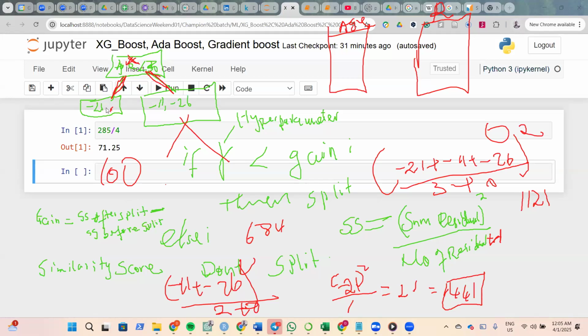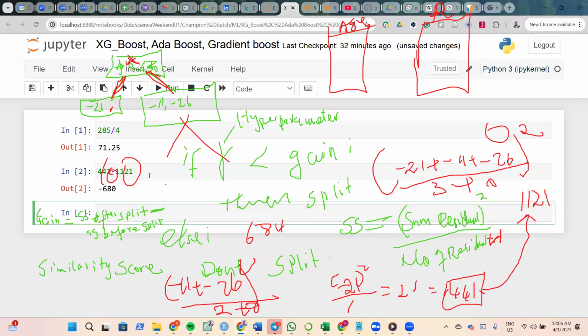So if we take 100 as our alpha, and then we calculated the similarity score here, the gain here gave us 441 minus this. If you take 441 minus 1121, it should give me minus 680.